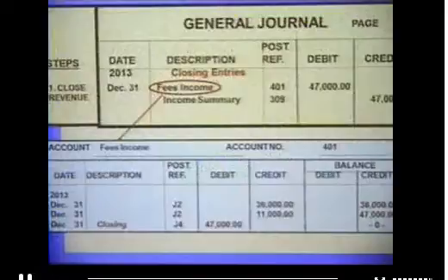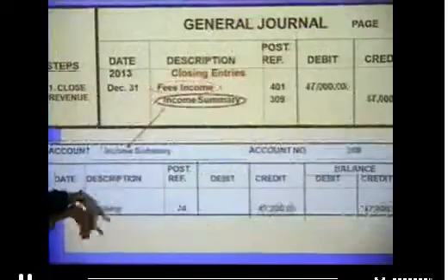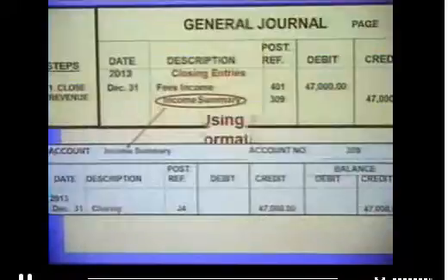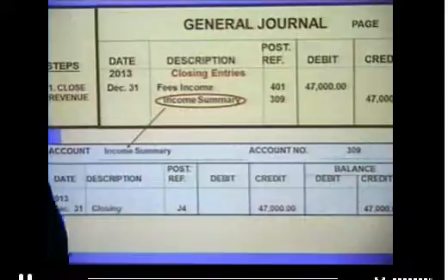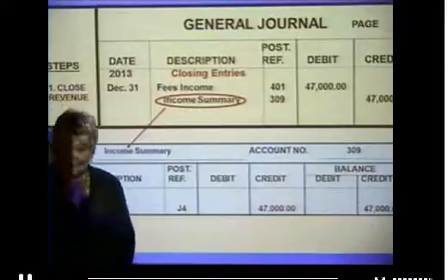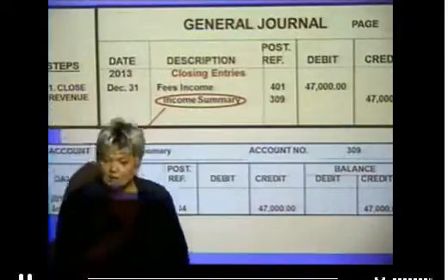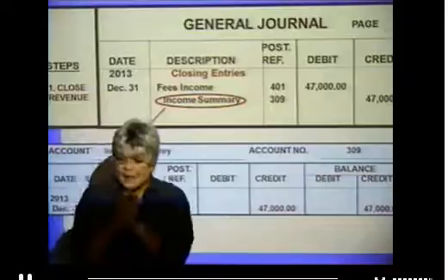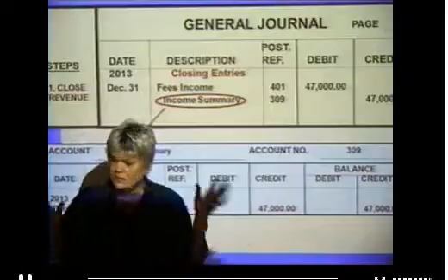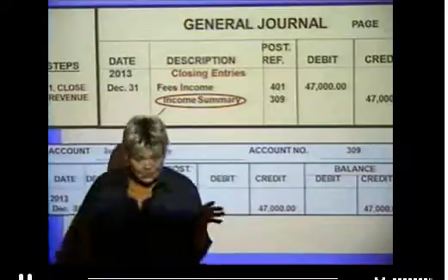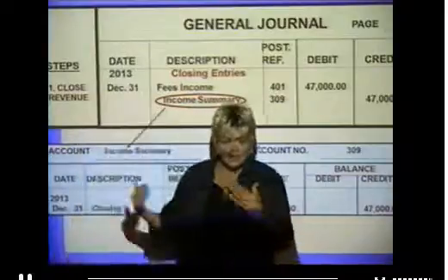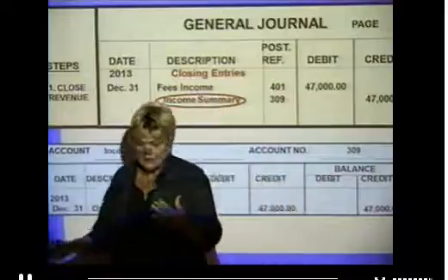Go through our steps of closing and posting. And then at that time, we're done with that accounting period. We've emptied out all the temporary accounts, got them into the right place where they need to go, and we're ready to start a new accounting period.